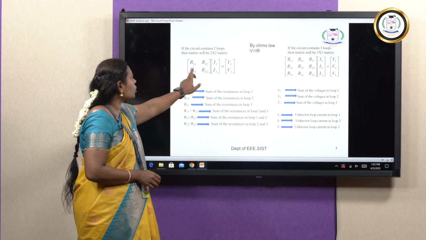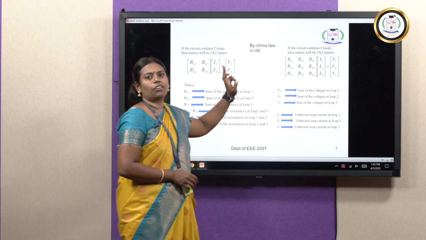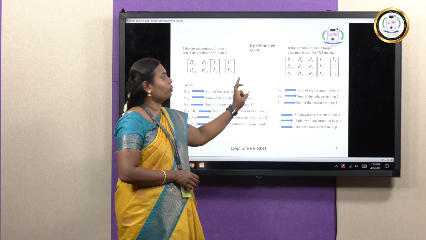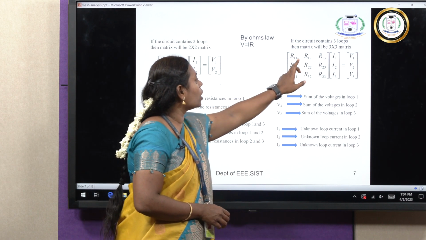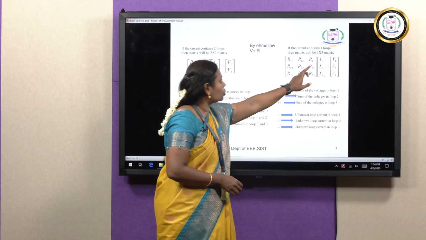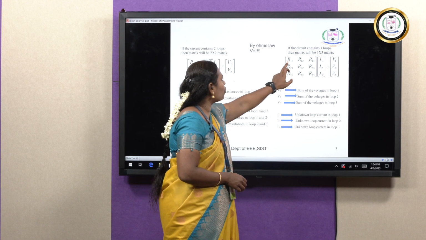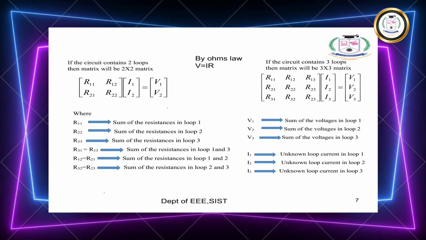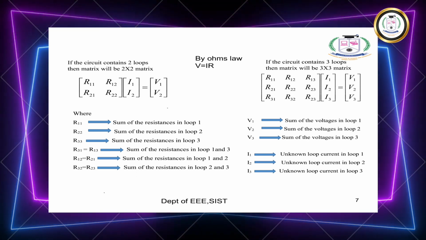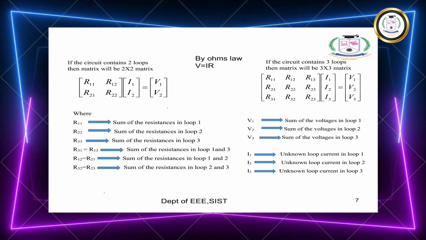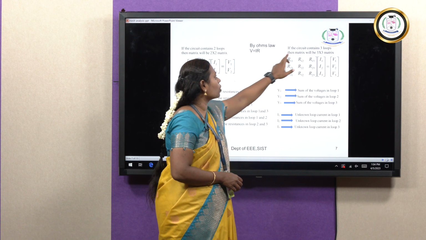Suppose we have three loops in the circuit, then we go for a 3 cross 3 matrix: R matrix into I matrix equals V matrix. The R matrix is formed as R11, R12, R13, R21, R22, R23, R31, R32, R33. This is our 3 cross 3 matrix.